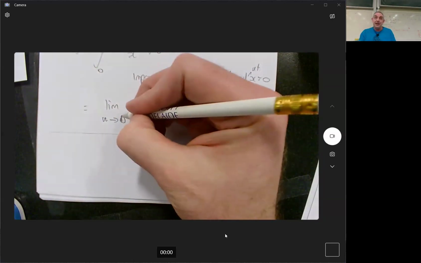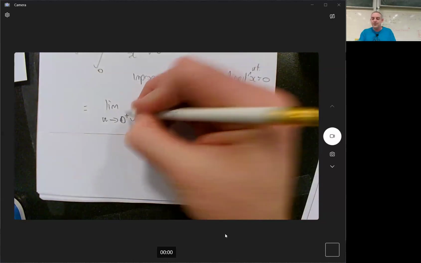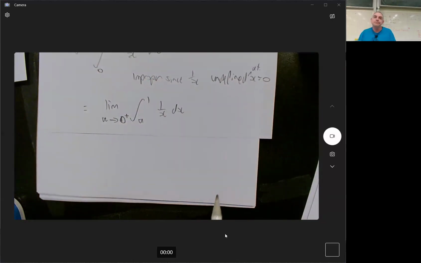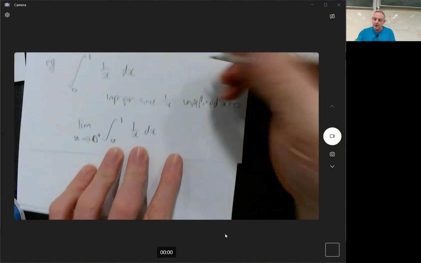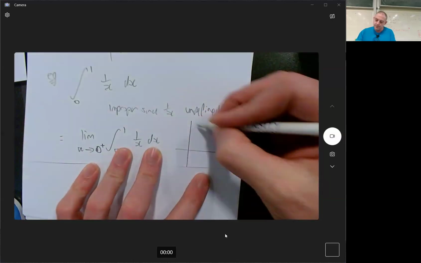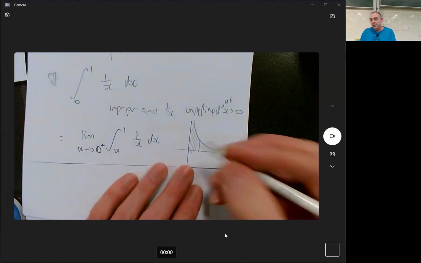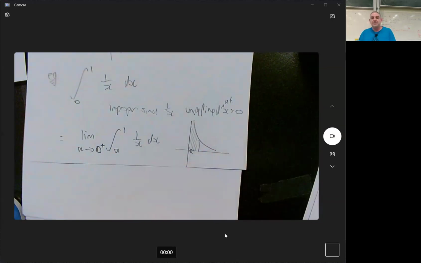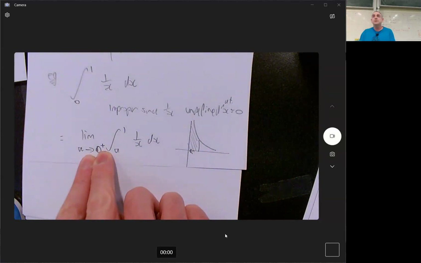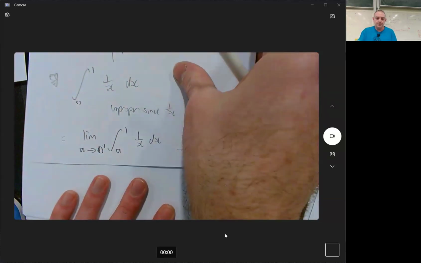And officially, it's a going to 0 from the positive side, because I don't really care whether I'm going from the other side, because my integral is just this bit. That integral there. So I'm definitely approaching 0 from that side. Is that a notation you've seen before? Yep, okay.